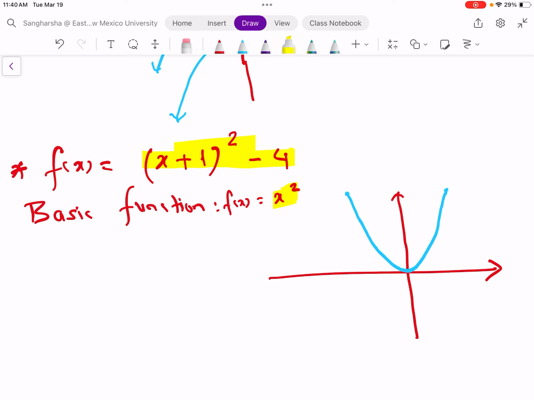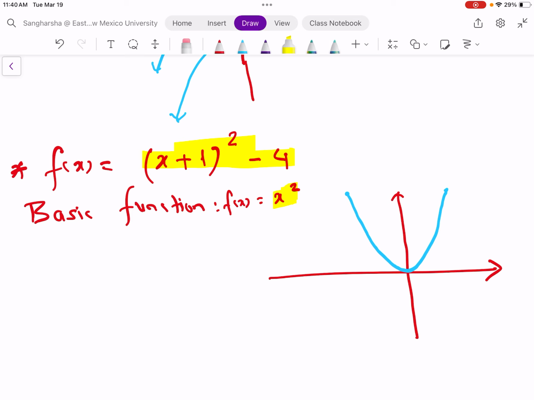Okay, now let's go step by step. For the square we have square, right? For x, what do we have? x plus 1. How can we get x plus 1 for x? We have to replace, right? So if we replace x of this basic function by x plus 1, we get this expression.